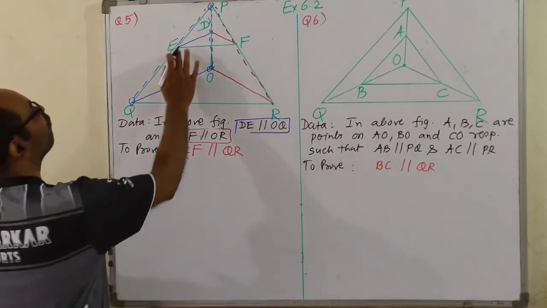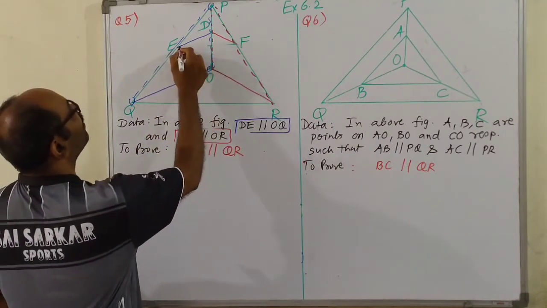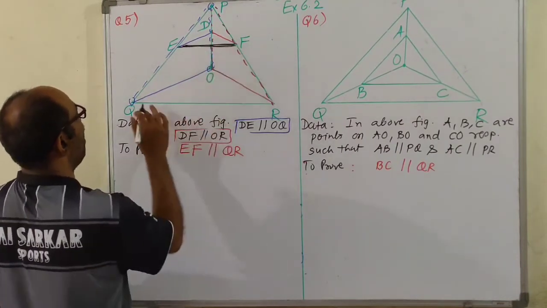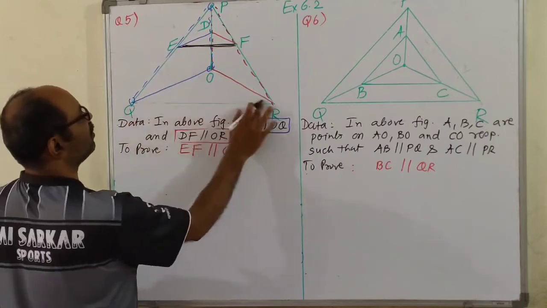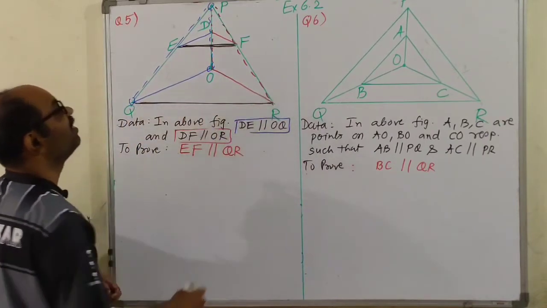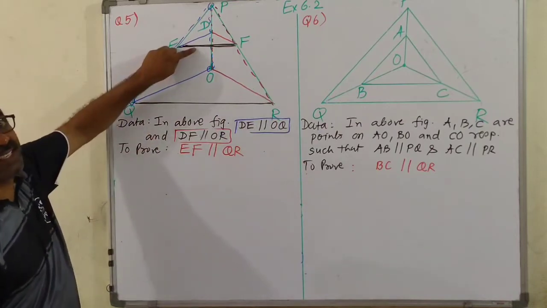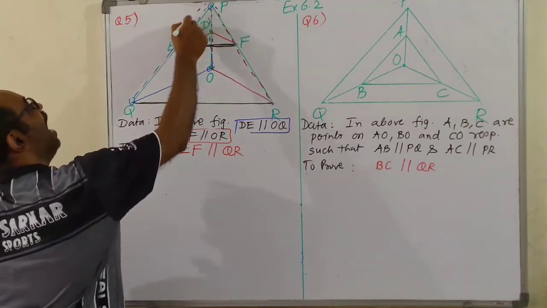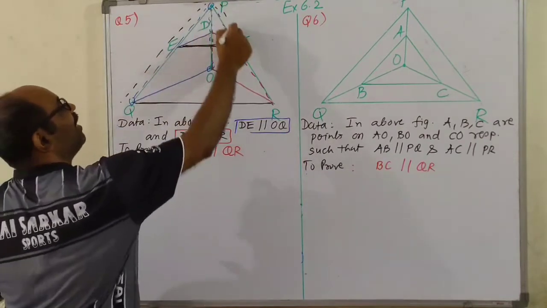Where is EF? I'm making it black. This one is EF, children. And QR, this one. Children, this will be parallel to this in triangle black. Are you getting me?